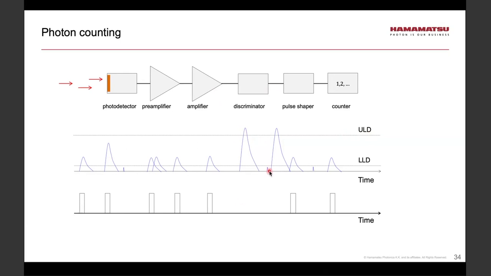If it's too small, below the lower level, it will be rejected as well. The pulses that do make the cut then go into a pulse shaper, which then issues a standard pulse, which is then counted by the counter.